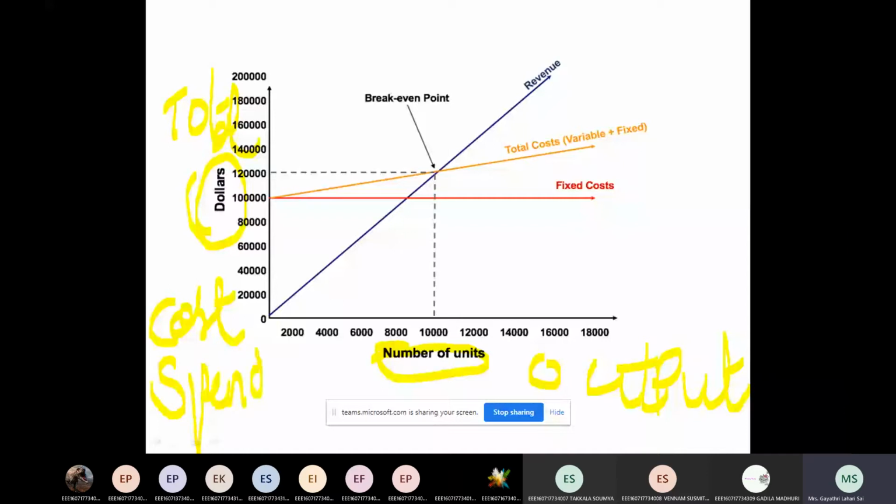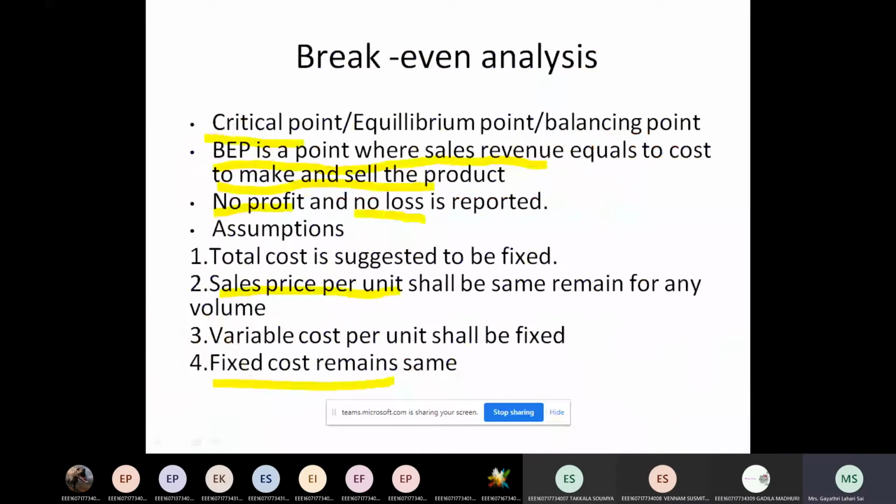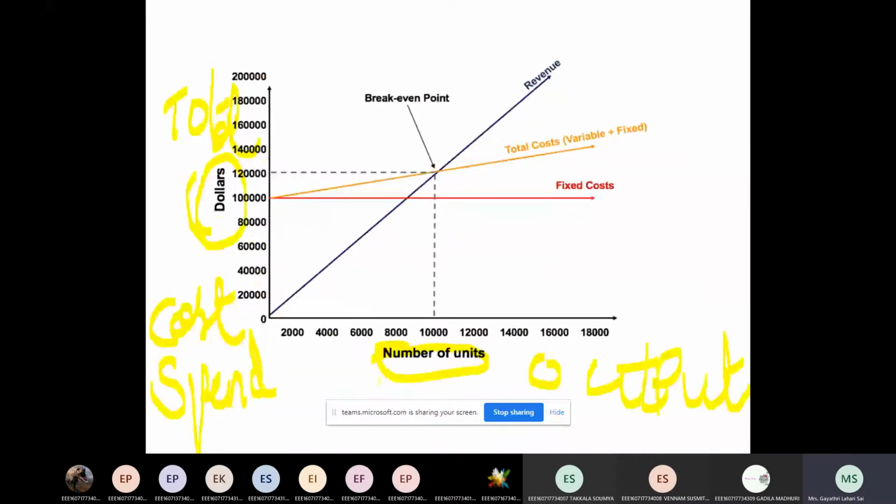I said in the fourth assumption that the fixed cost remains the same. So I am fixing 1 lakh as the fixed cost. As I said, the fixed cost remains the same.